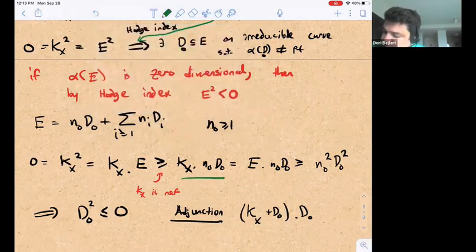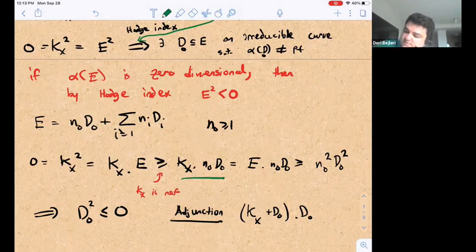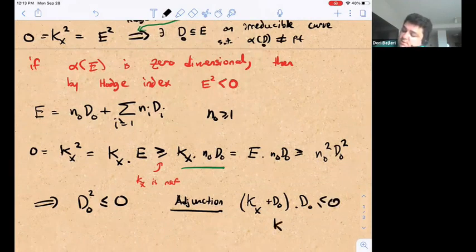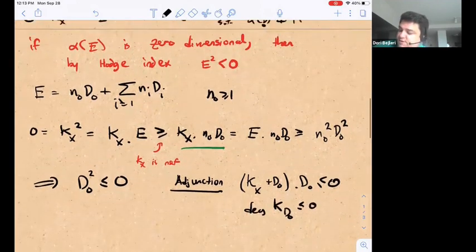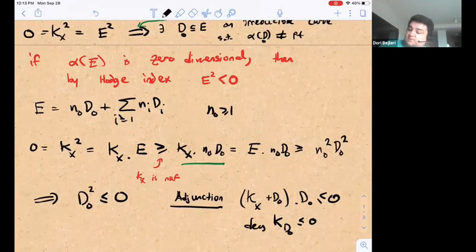So here we see that kx dot n0 d0 is less than or equal to 0, but also it has to be greater than or equal to 0 because d0 is effective, so it's actually just 0. So kx dot d0 is 0, and then d0 squared is less than or equal to 0, so this whole thing is less than or equal to 0. But this is the degree of the canonical of d0. So d0 is some curve whose canonical has degree less than or equal to 0. So d0 is either rational or elliptic.